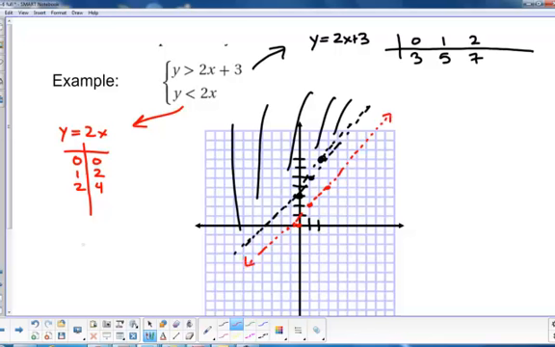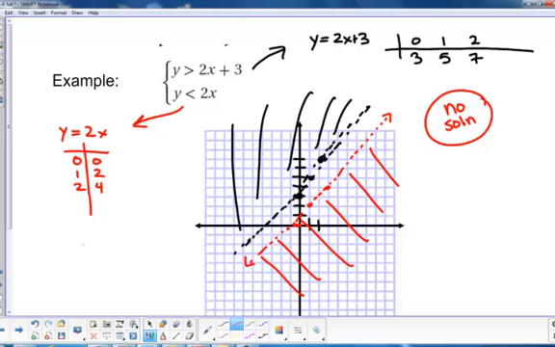And then this says y is less than, so I'm shading below. Now there is nowhere that these are double shaded. So this actually has no solution. There's no ordered pair that satisfies both of those equations because they're shaded in the opposite direction. If they happen to be shaded towards each other, the solution would have been right in between those two dotted lines.